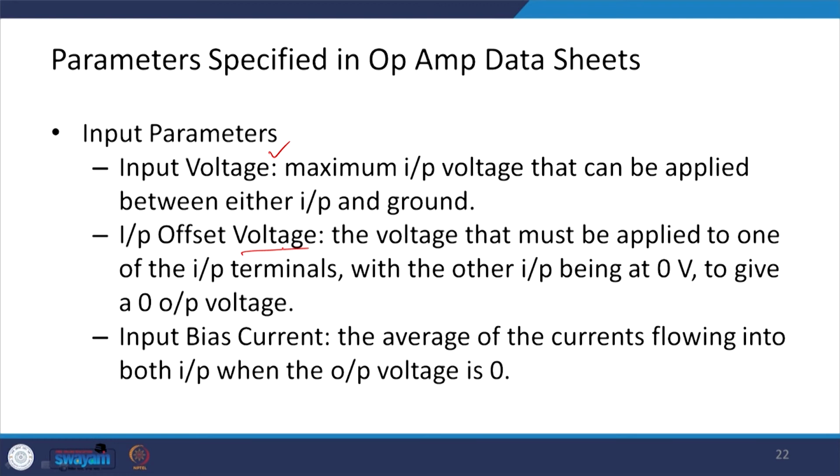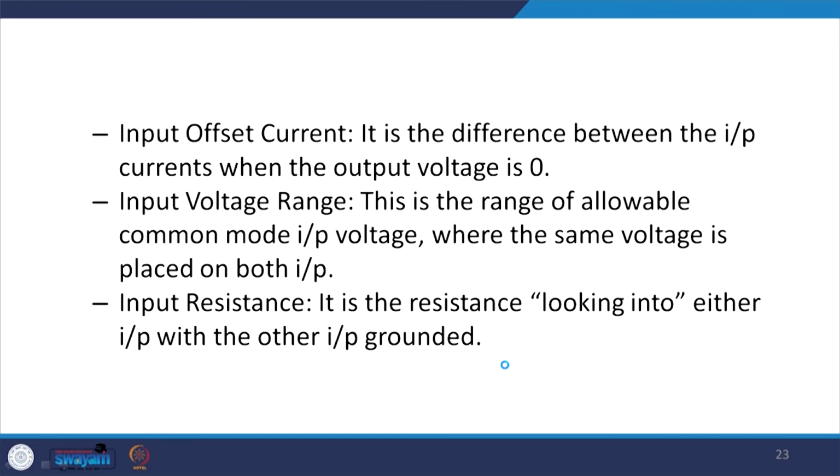Then input bias current: the average of the currents flowing into both the inputs when the output voltage is 0. Then input offset current: the difference between the input currents when the output voltage is 0.